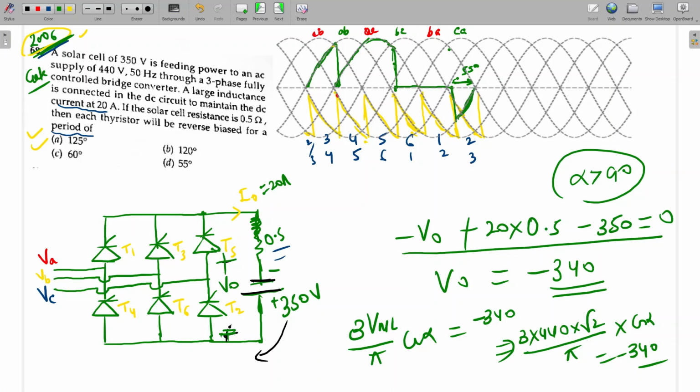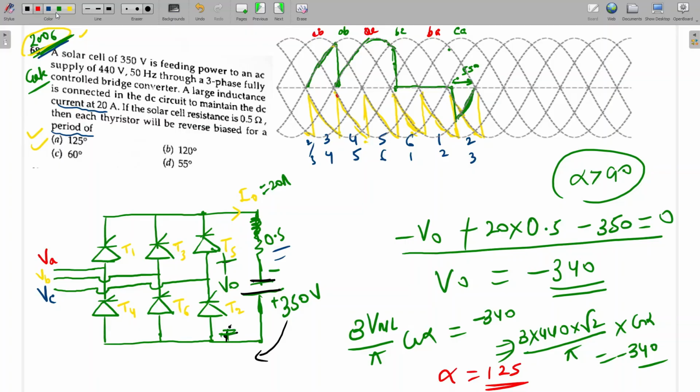Alpha will be cos inverse of minus 340 into pi divided by 3 into 440 into root 2. All of you can calculate this. I am getting approximately 125. So alpha is 125 degrees. Clear? Yes, sir, 124.9, about 125.